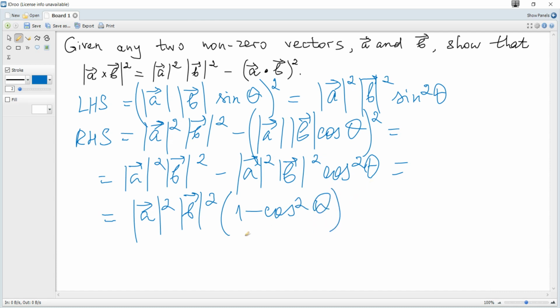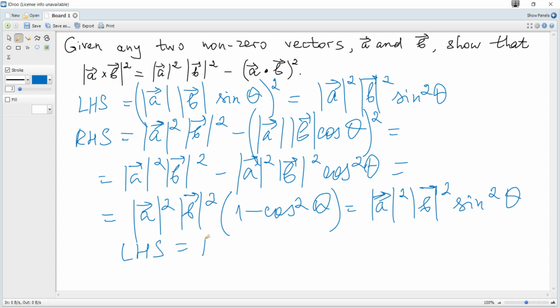Again, by the main trigonometric identity, 1 minus cosine squared is sine squared, so it becomes a vector magnitude squared, b vector magnitude squared, multiplied by sine squared theta, and hence since the left hand side is equal to the right hand side, this statement is true.